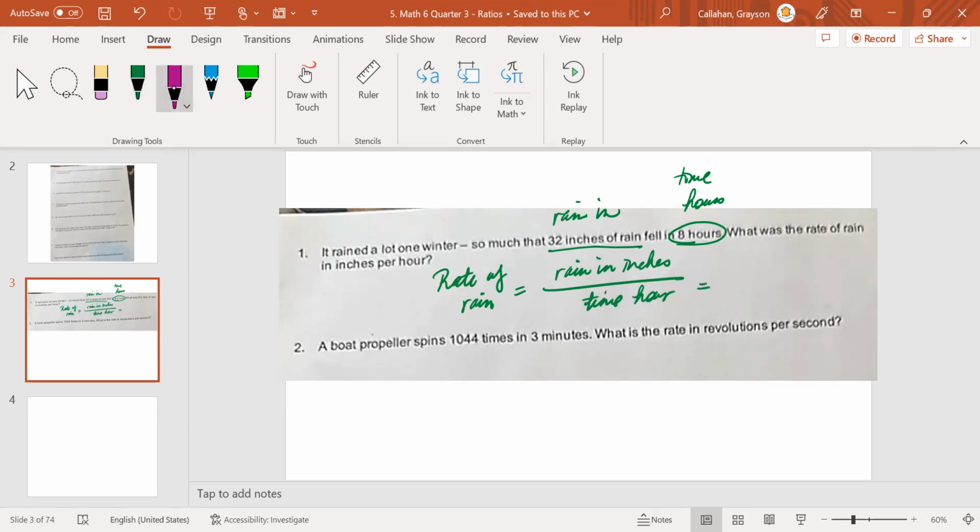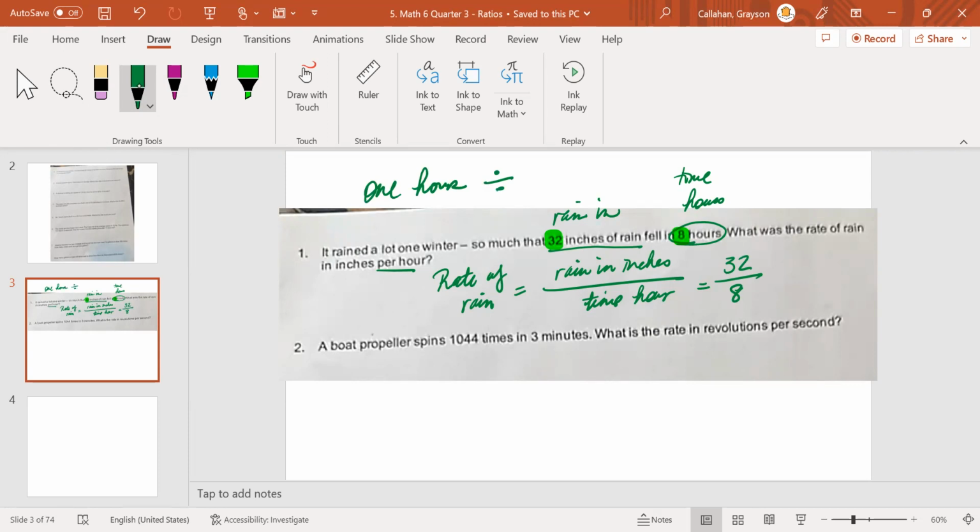How much did it rain? 240 inches of rain per hour. No, it's 32 inches in 8 hours. So how much rain did it rain? 32, right? Time in hours is 8. If you want per hour, that means 1 hour. You won't have to divide them. You don't times them.